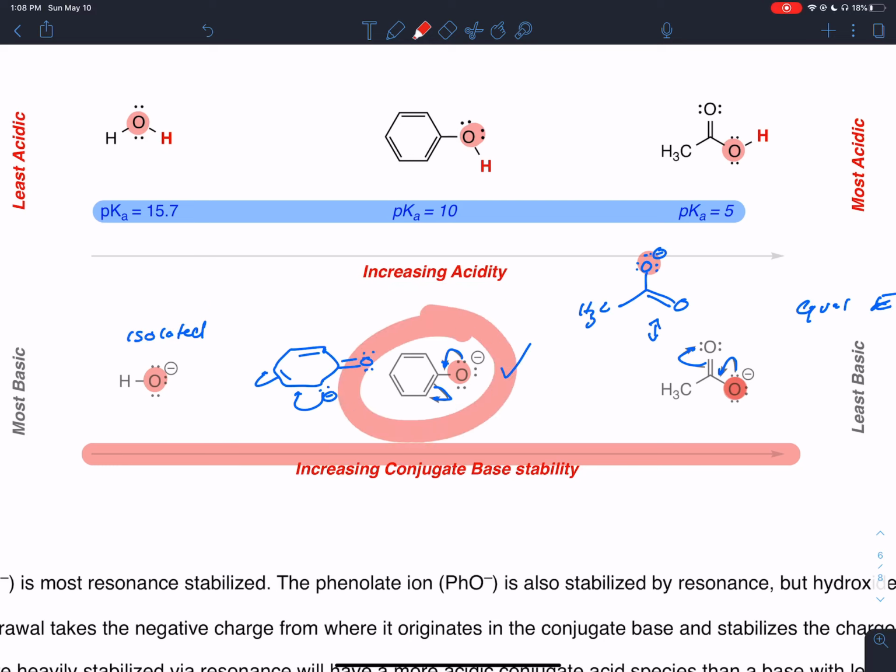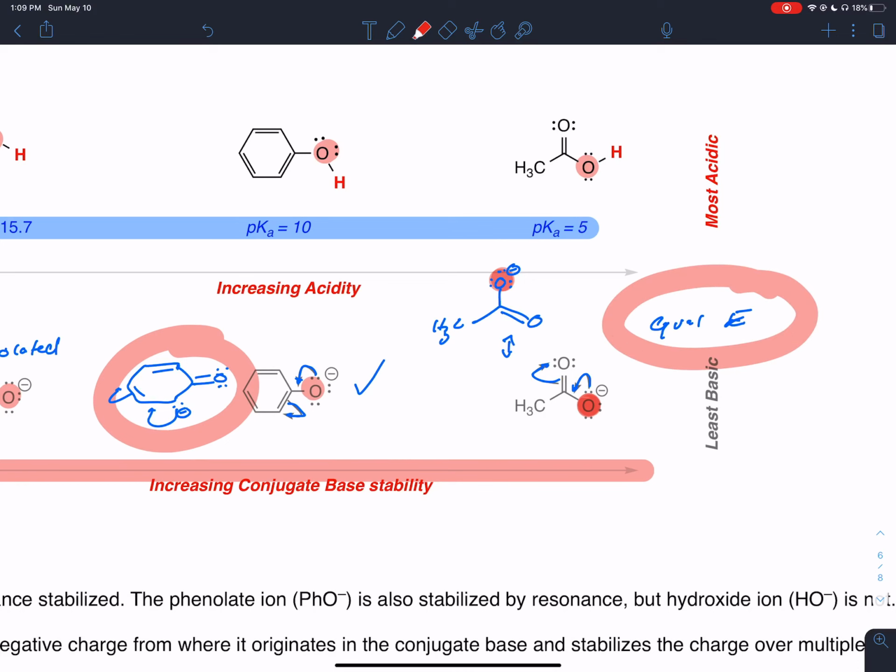Yes, when you resonate this negative over the benzene ring, there will be more resonance structures. However, notice how that negative is resonating over carbons. Carbon is less electronegative than oxygen, so it doesn't stabilize the negative as well. In the far right example, you have two oxygens stabilizing the negative charge, as well as the fact that they are equal energy resonance contributors.